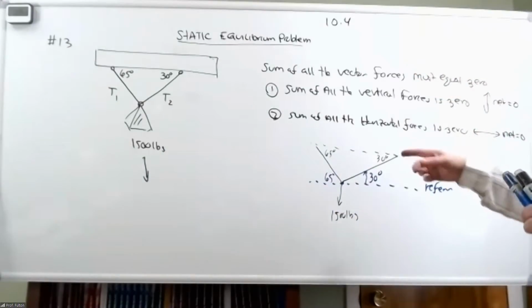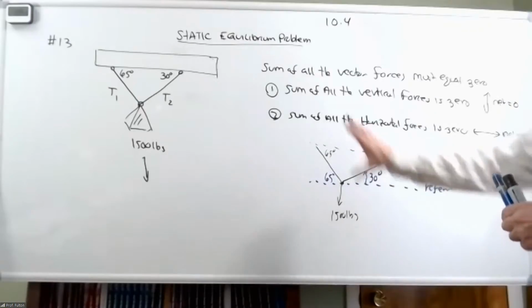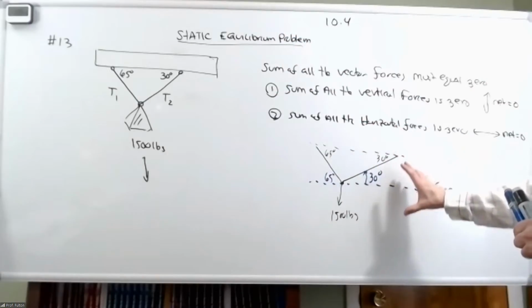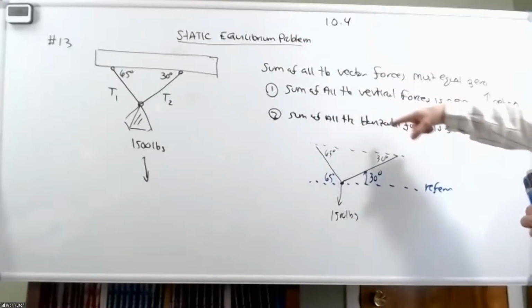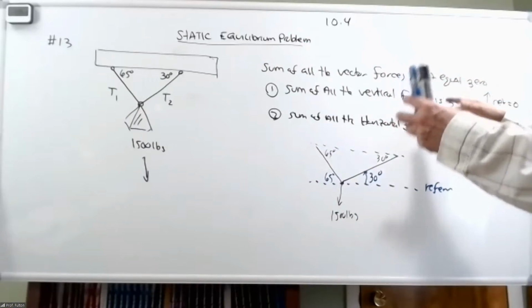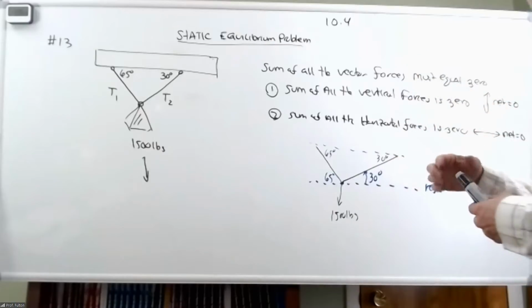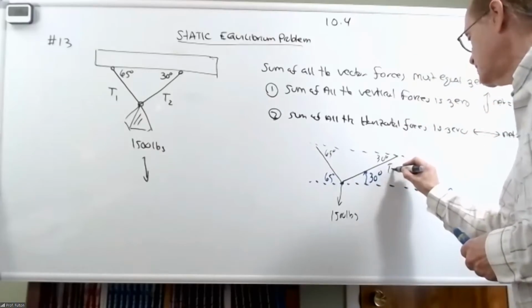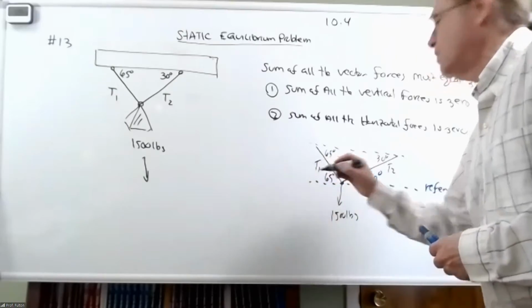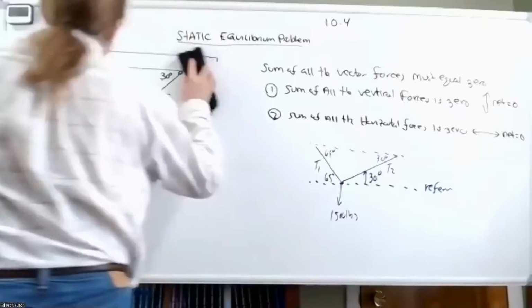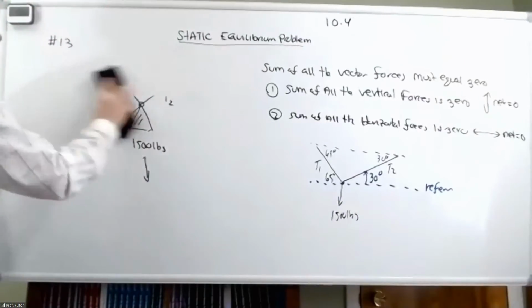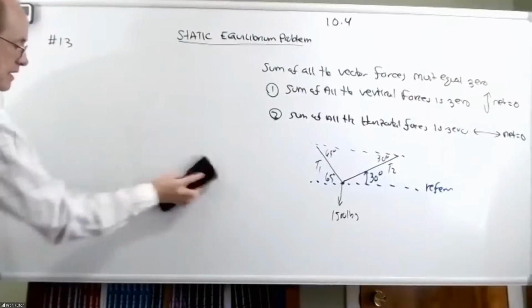Okay. Now let me erase that picture and deconstruct this, and see how we sum horizontal and vertical forces. We're going to put the tensions here. This is what we call T2, and that's T1. So what we're dealing with here in vector form looks something like this.